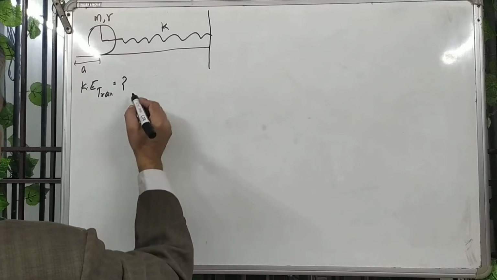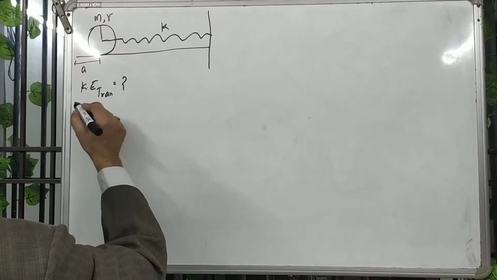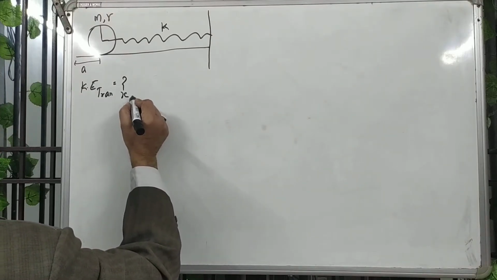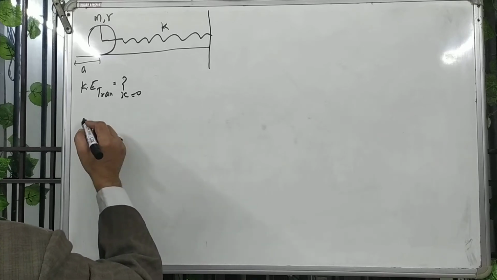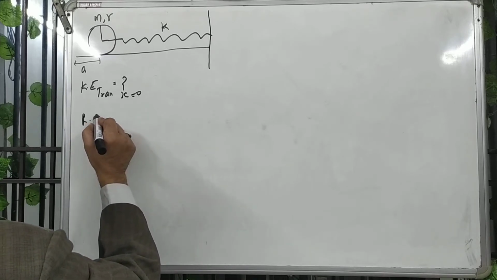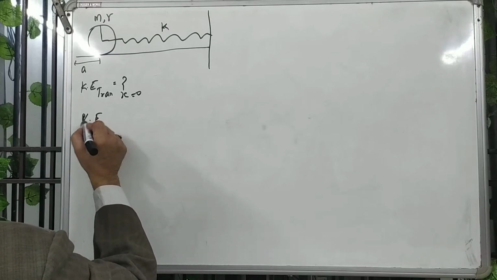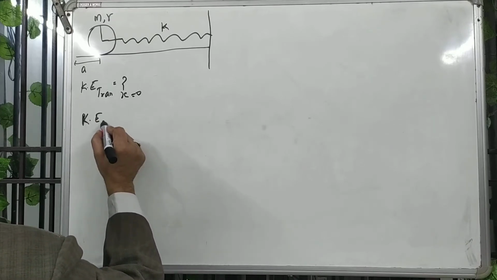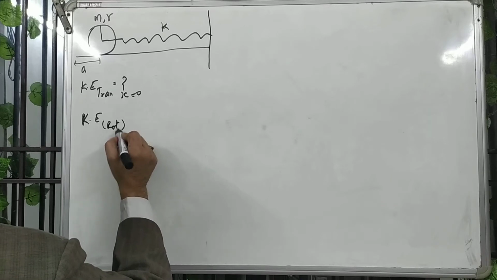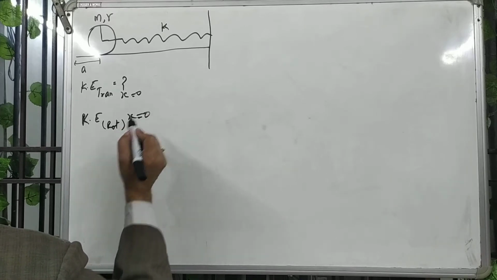That is, the translational kinetic energy at x equals 0, displacement 0, and the rotational kinetic energy at x equals 0.